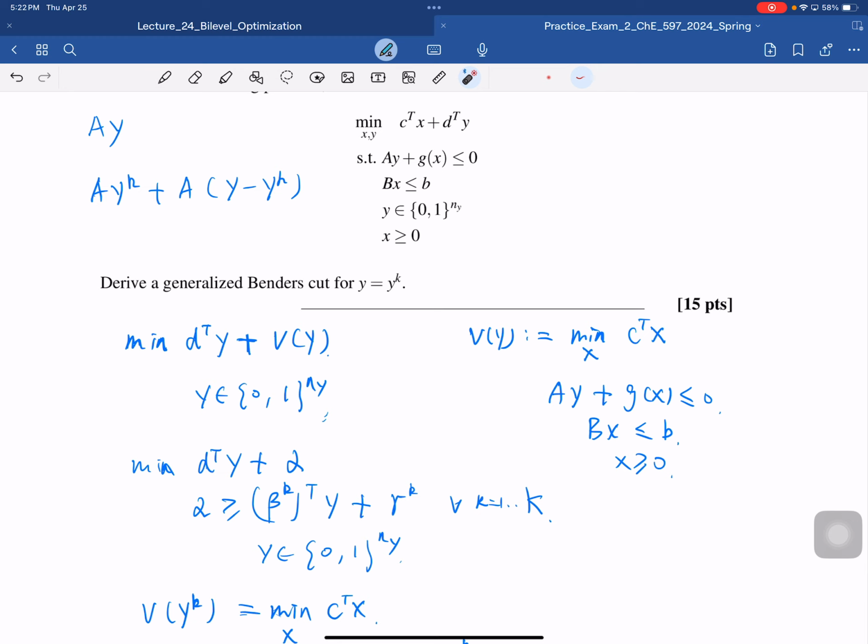If this is a single constraint, you will write this as a vector. Since A is an M by N matrix, then G should be a function from Rn to Rn, just for the dimension to be consistent. And also yk should be feasible, trying to derive a cut. So let's just assume yk is feasible.